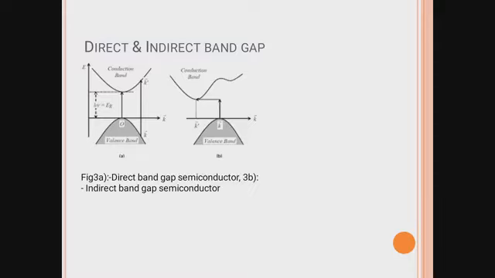In case of direct band gap semiconductor material, both valence band and conduction band lie on the same line. But in case of indirect band gap semiconductor material, the valence band and conduction band do not lie on the same line.